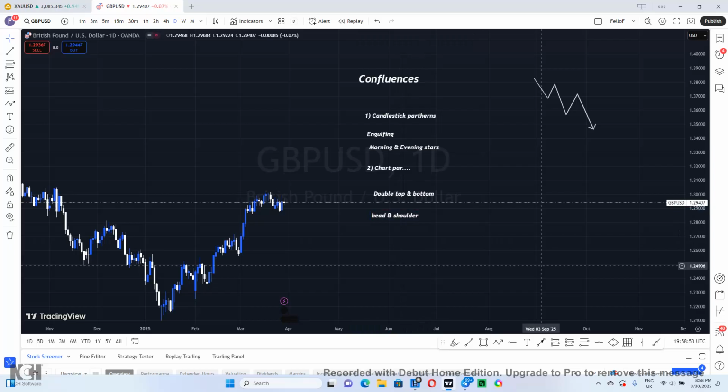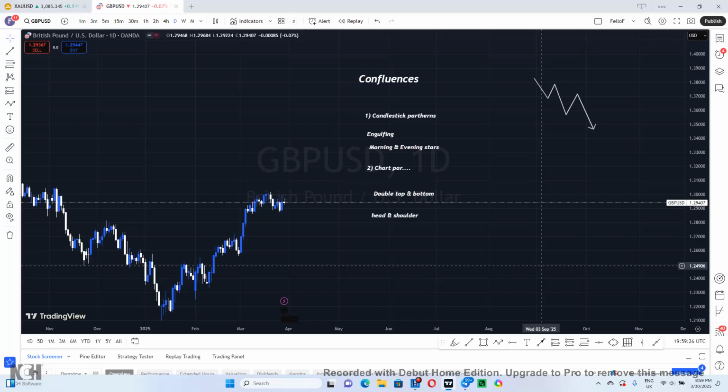These confluences depend on what price action is telling us and what you are expecting. Let's say you are in an uptrend. If you want a reversal pattern, a double top during an uptrend will tell you price wants to start falling. A head and shoulders pattern will tell you price wants to start dropping.